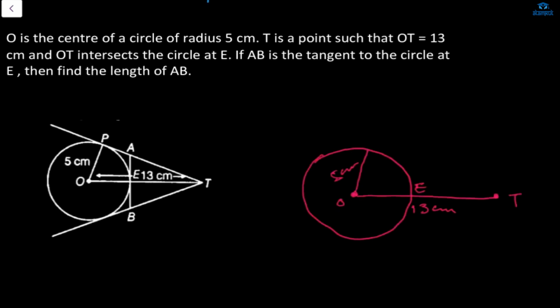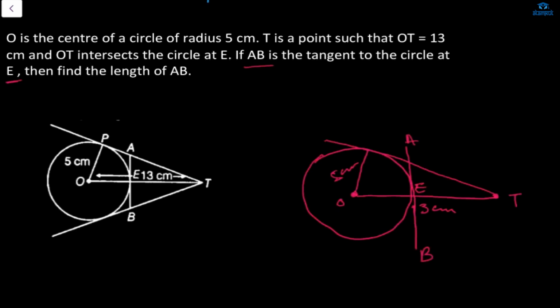If AB is a tangent to the circle at point E, that means E is the point where the line is touching, so it should be drawn like this.